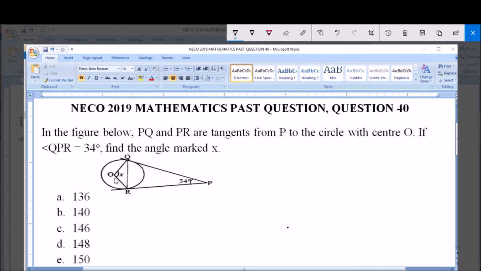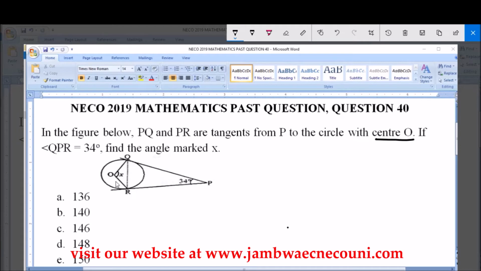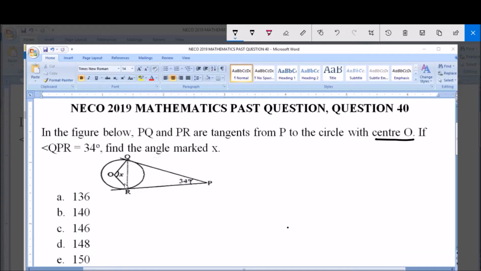Now don't mind the diagram here. This diagram is not perfect, but it is stated in the question that O is the center of the circle. So not minding the diagram, since O is the center of the circle, this line OR is the radius of the circle. And so the angle formed is a right angle, that is 90 degrees, because OR, which is the radius, is always perpendicular to the tangent.